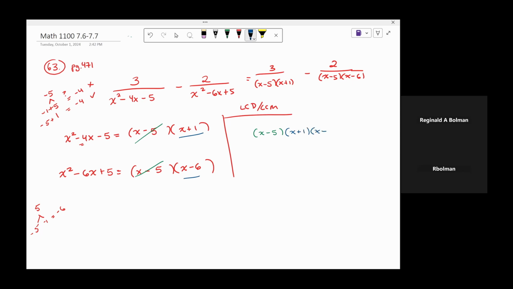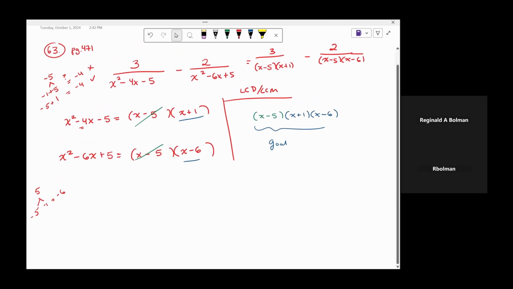We don't have an x minus 6, and we don't have an x plus 1 in common. And so x minus 5 times x plus 1 times x minus 6 is the goal. This is the goal for how we want to finesse the two rational expressions that we are subtracting one from the other.